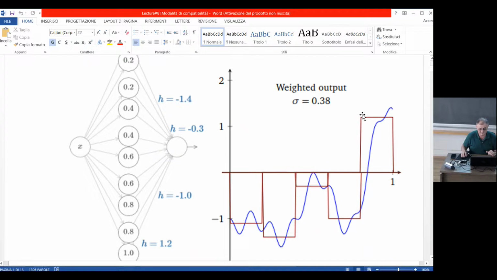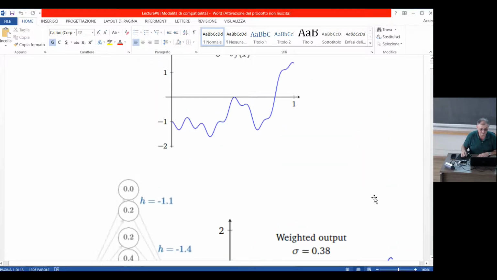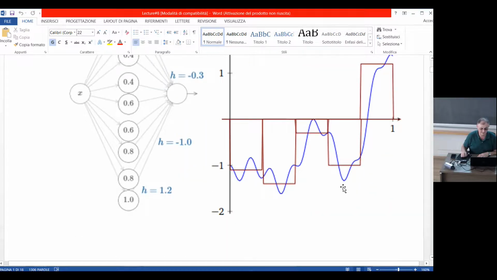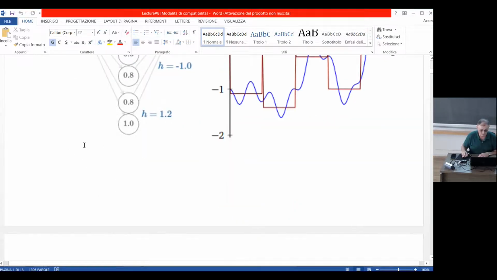So the last fact was the spline approximation of our function, which is sigma minus 1 applied to f of x, and to calculate this function, the response of our network will be perfectly the value of our function at the point x when the value x is the input value of our neural net.